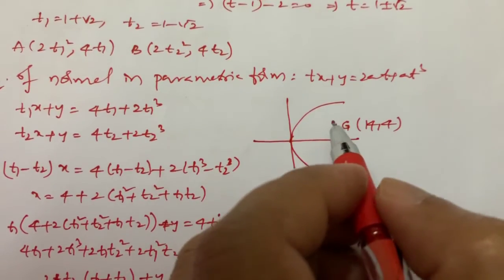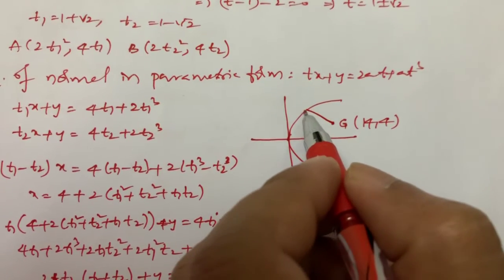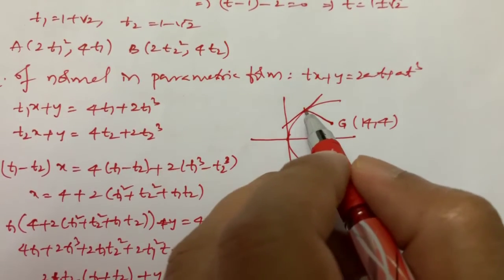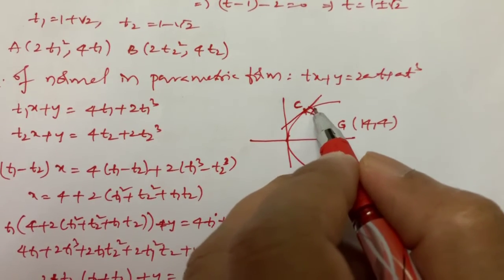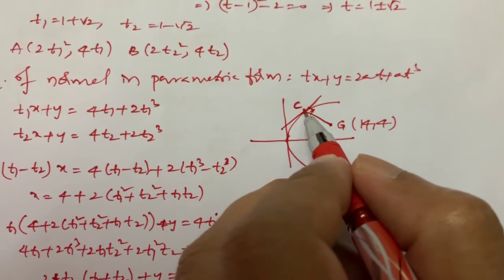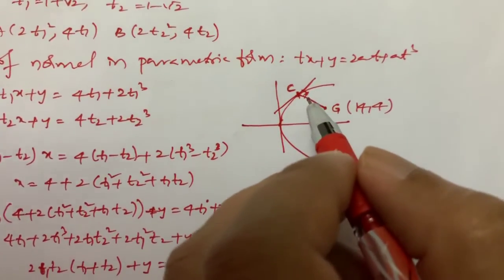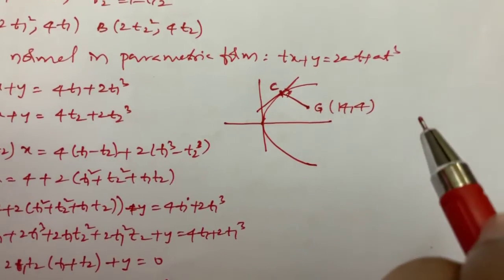From here we have to draw a line to the parabola. This point C should be at right angles to the parabola. So it means the tangent at C and the line CG are perpendicular.